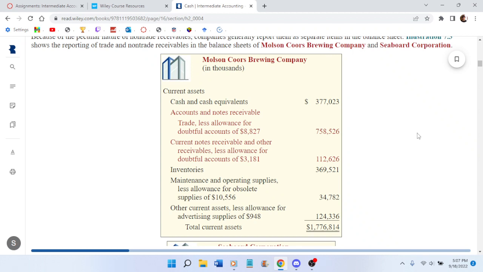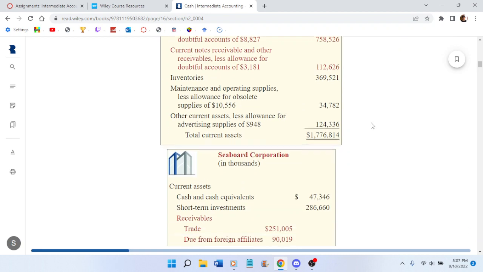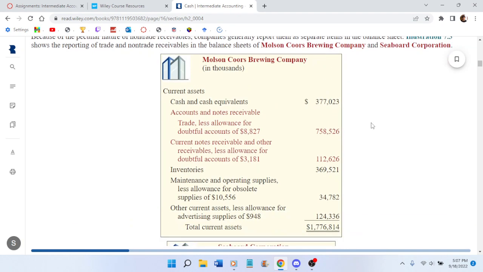I'm confused. Shouldn't they put accounts and notes receivable as the heading for the whole section, and then these two, and then this line is a point, and this line is a point?